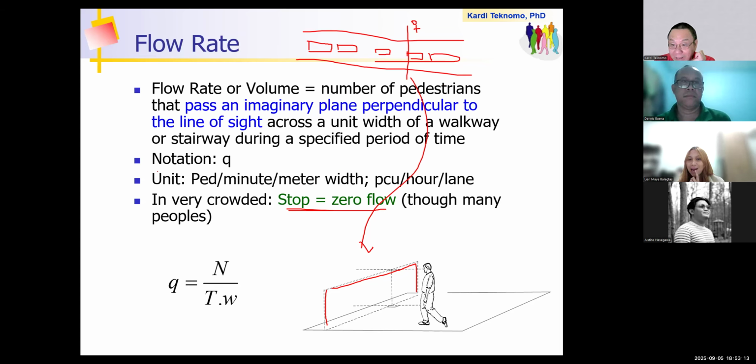So N here is the number of pedestrians or vehicles that pass through the line of sight. T is the observation time. W here is the lane, or in the pedestrian case, the width. In car we use lane, so W here. Clear? So Q here is the flow rate or the volume.